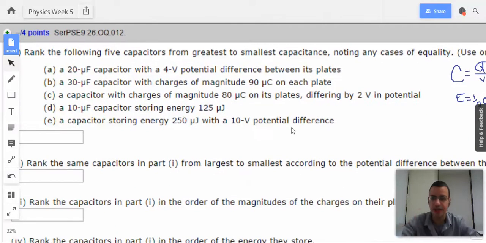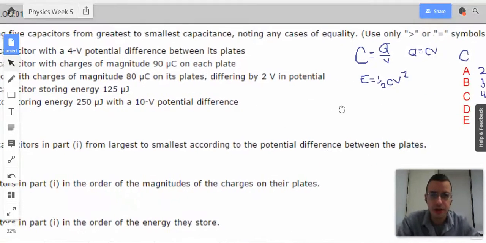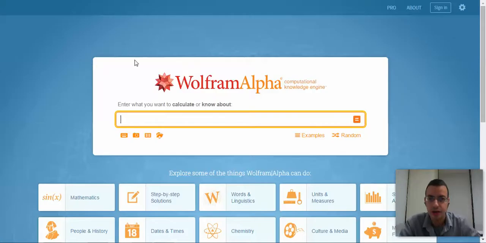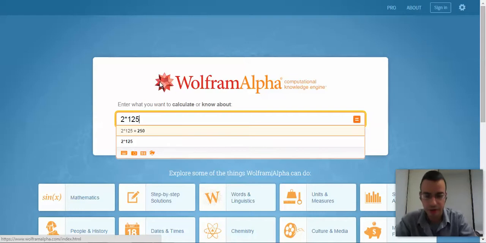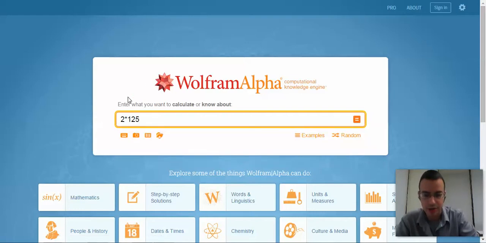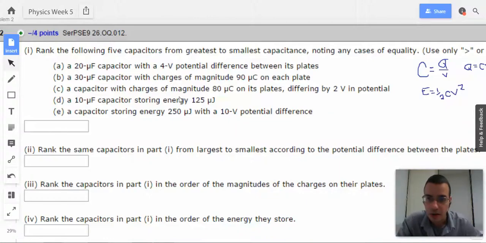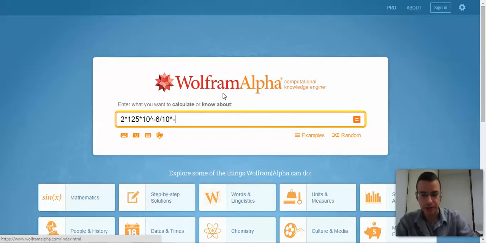Then all right, now they give us joules and microfarads. For this one, I'm going to try 2 times energy, which in this case is 125 microjoules, divided by C. So I'm going to do 2 times 125 times 10 to the negative 6th divided by 10.